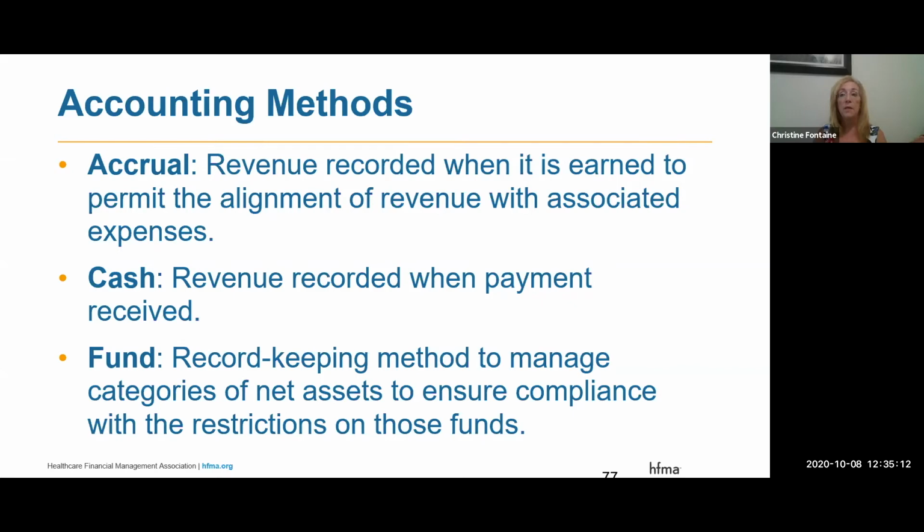That revenue actually cannot be recognized until it's actually earned, or when you go live. So that's a good example of accrual. Cash is when the payment is actually received. And then certainly fund is a record-keeping method to manage categories of net assets to ensure compliance with the restrictions of those funds.